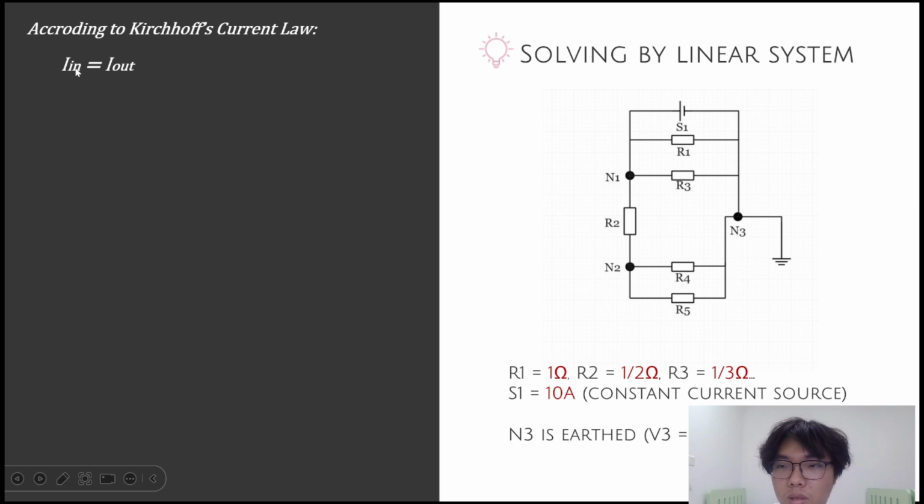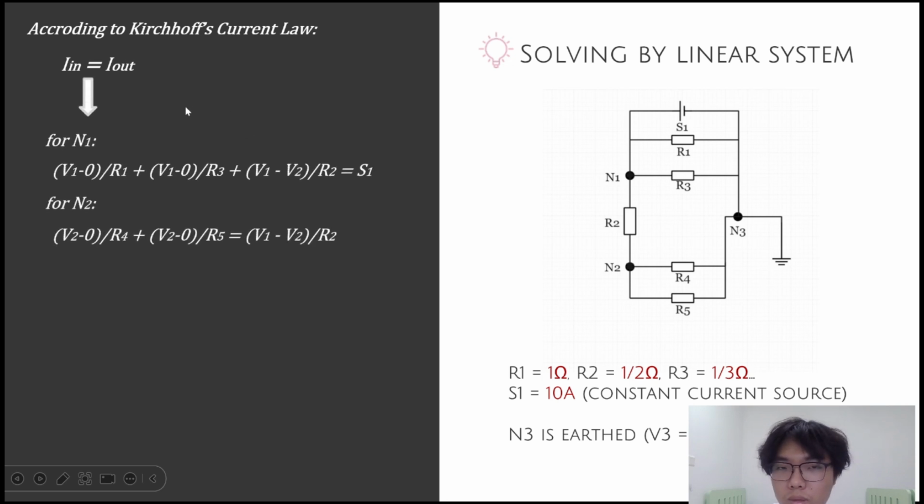That is, the current coming into the node equals the current going out from the node. For N1, it has S1's current coming in and the current of R1, R3, R2 going out. For N2, it has the current of R2 coming in and the current of R4, R5 going out.